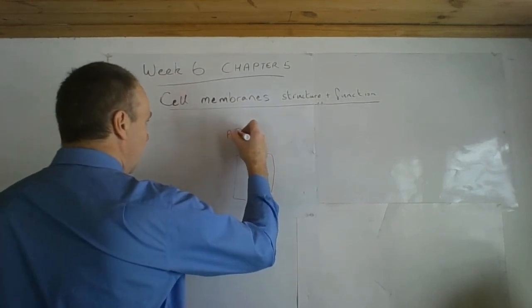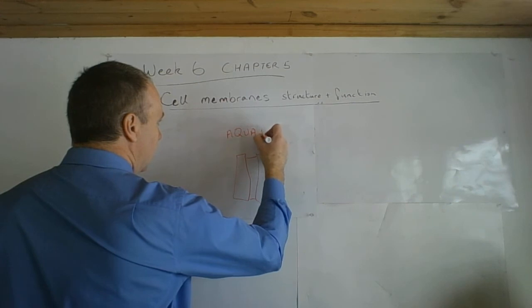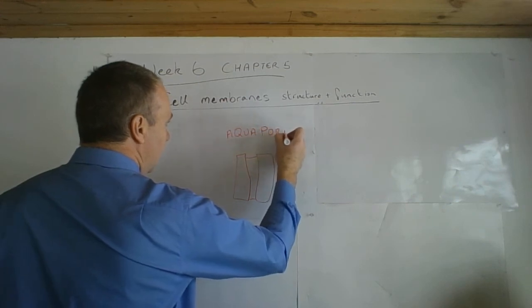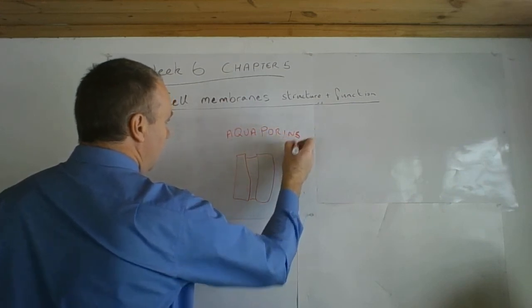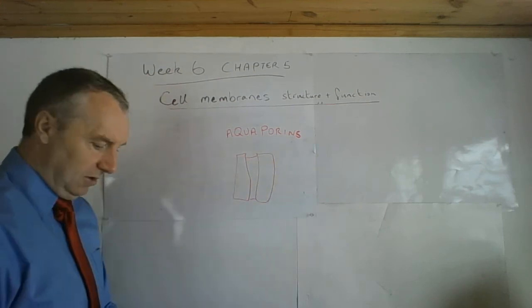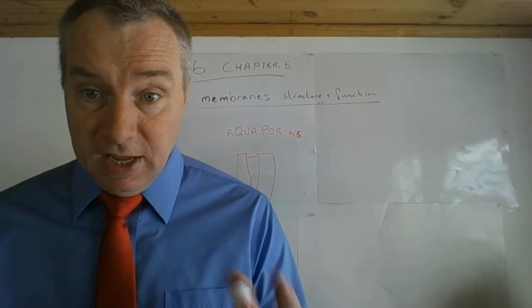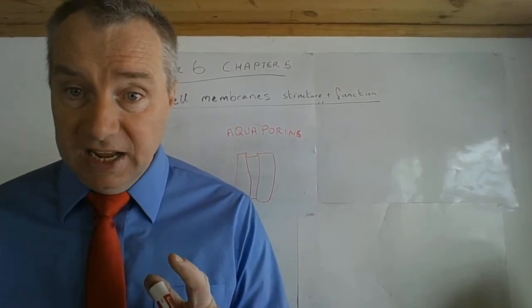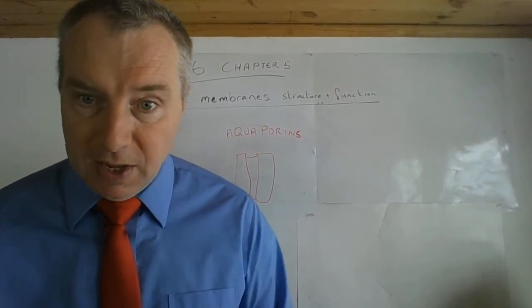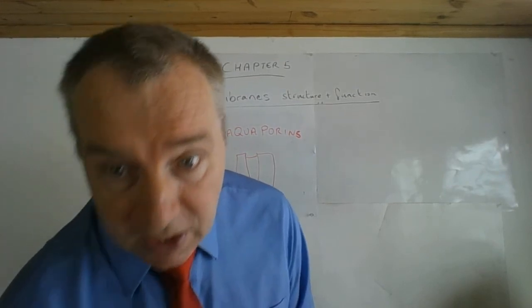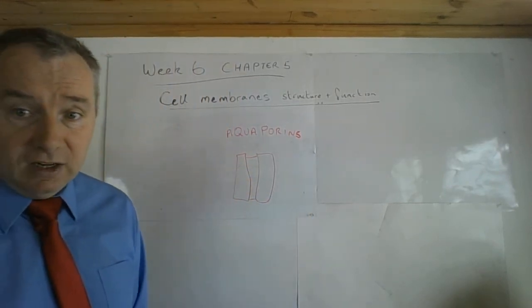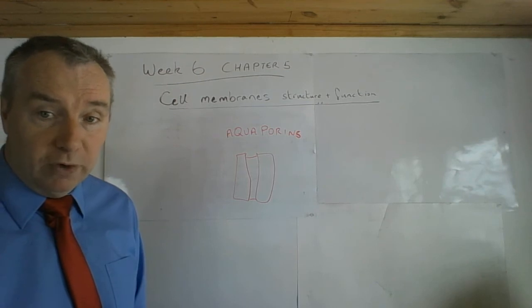Aqua for water and pore for the pore that's always in the center and it's open, much like a channel protein, but it functions to get water in quickly, and so aquaporins are known for their high rate of water intake.